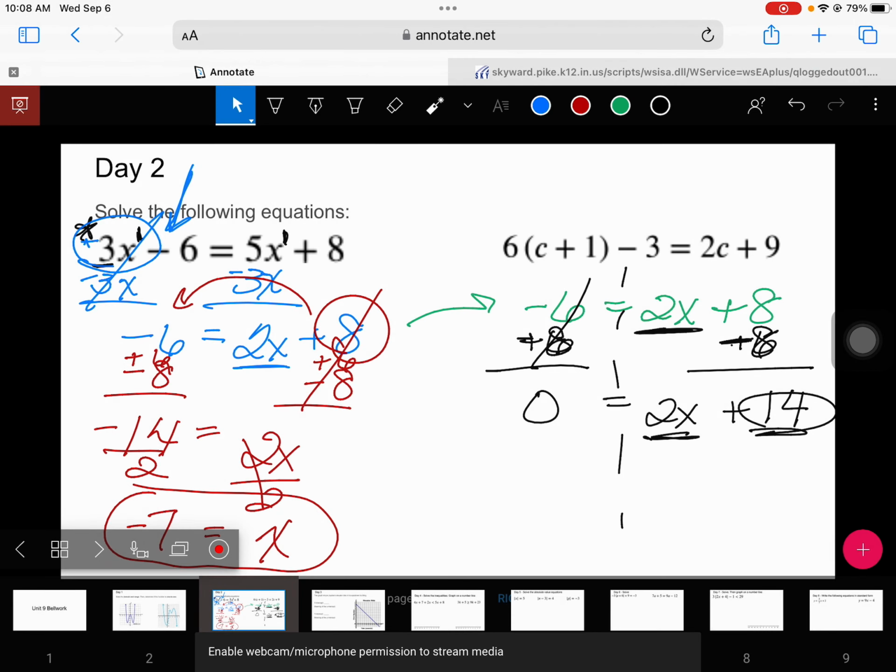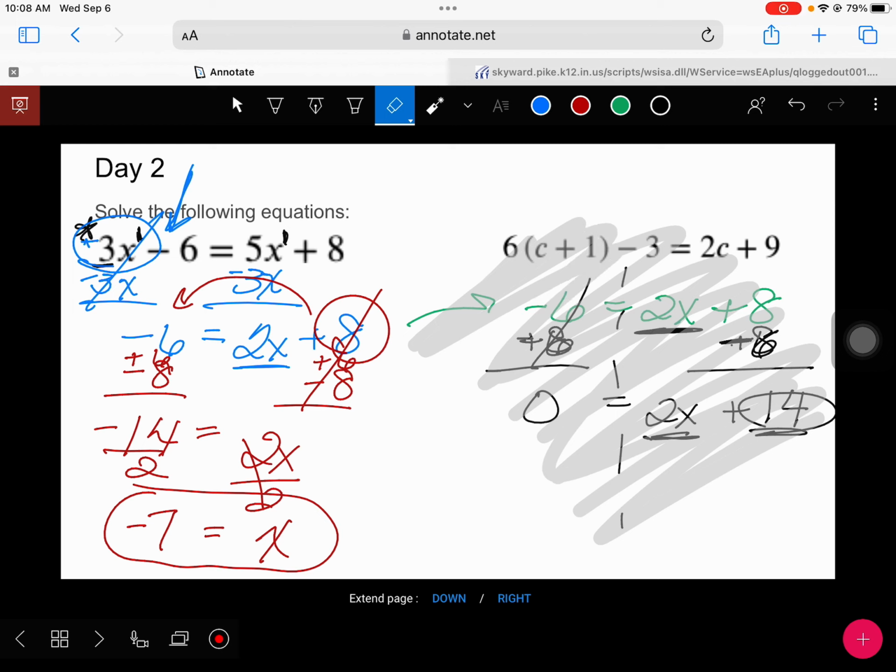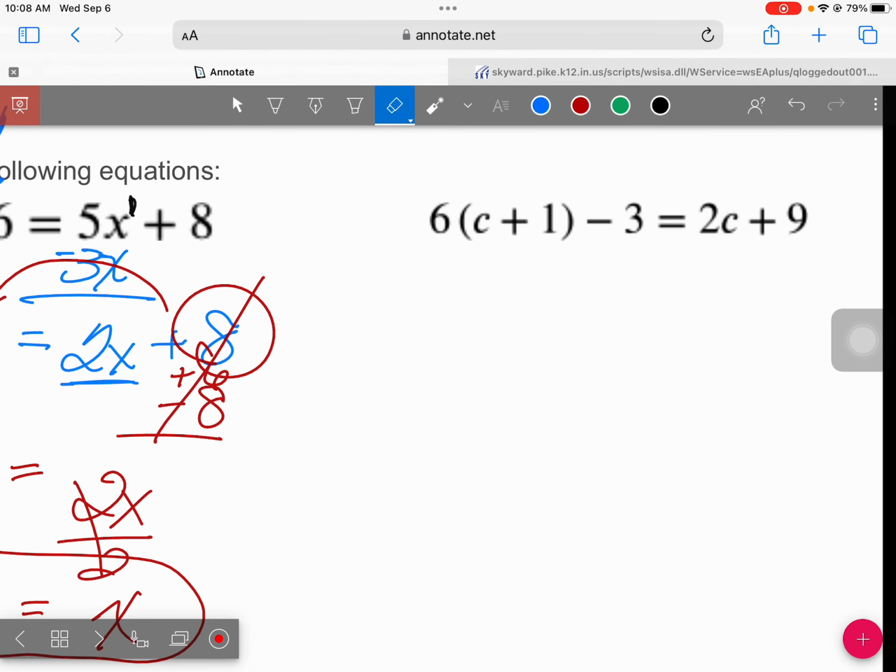All right, so then the second one. Let me erase this so we can see it. The second one, as I'm looking at this, can I put together C plus 1 here? No, I cannot combine those terms.